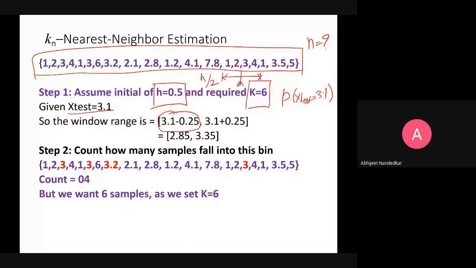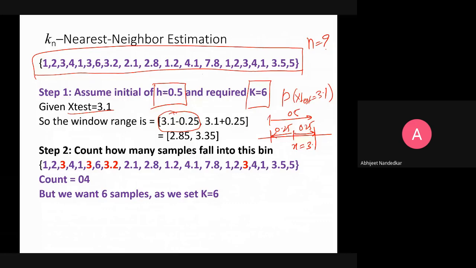I should draw somewhere else. Suppose this is my scale. This is my x equal to 3.1, and when I say h is 0.5, that means I am searching for the range 0.25 this side and 0.25 this side, so that total is 0.5. So you keep half on the left side and half on the right hand side.